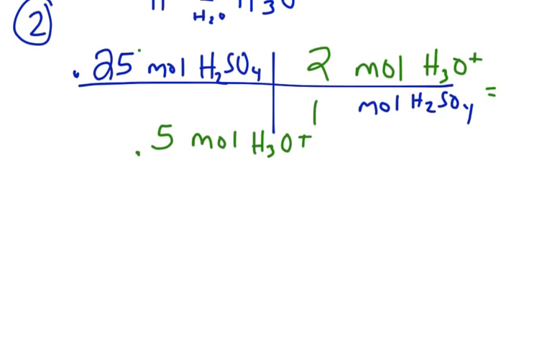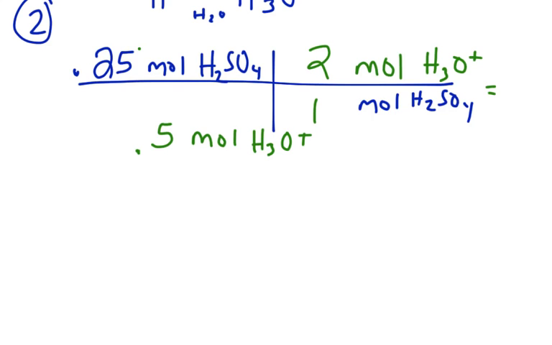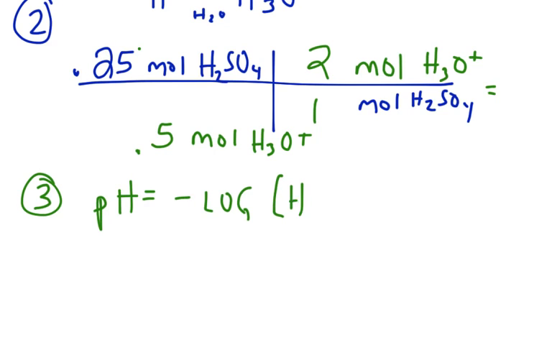So I've looked at the dissociation of that acid to figure out what's going on. Then, almost there, I can use the pH formula. For my third step, pH is equal to the negative log of my acid's concentration.